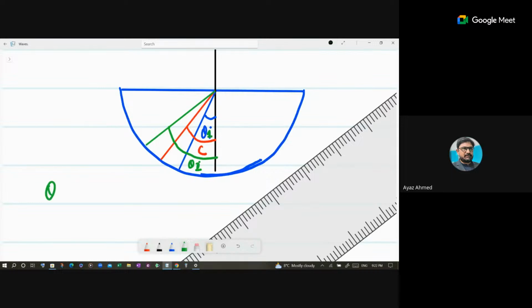Theta 1 is less than the critical angle, and theta 2 is greater than the critical angle. So what do you suggest for the blue light, red light and green light? What would happen to them?